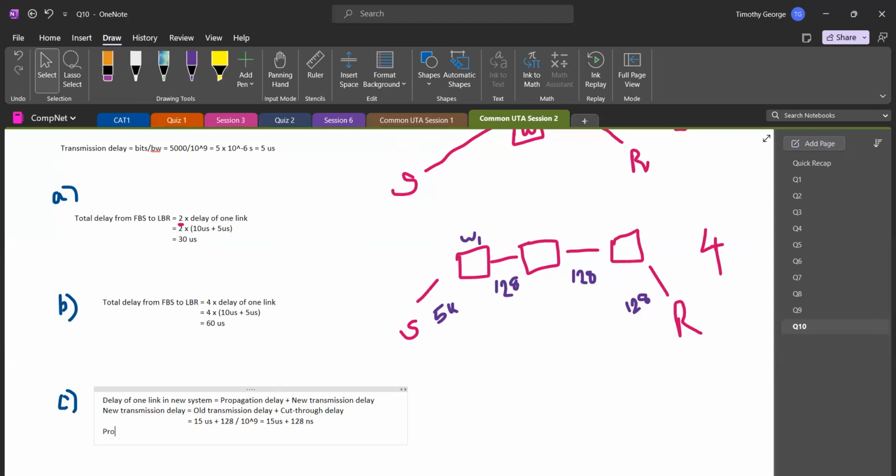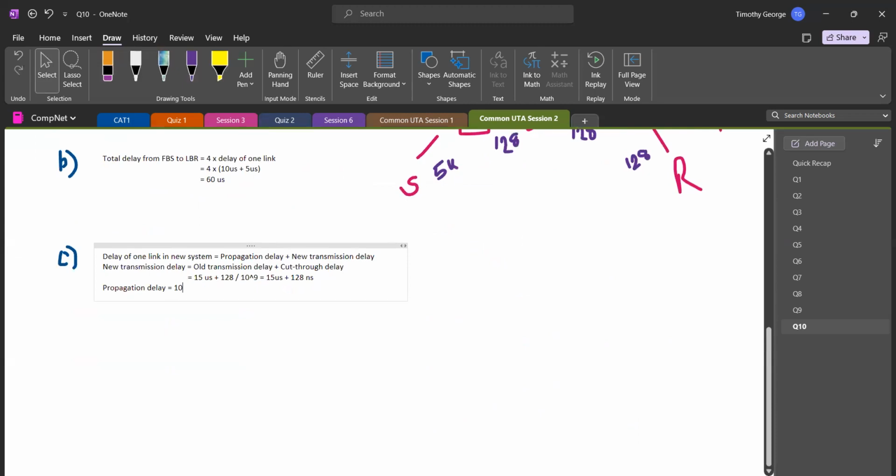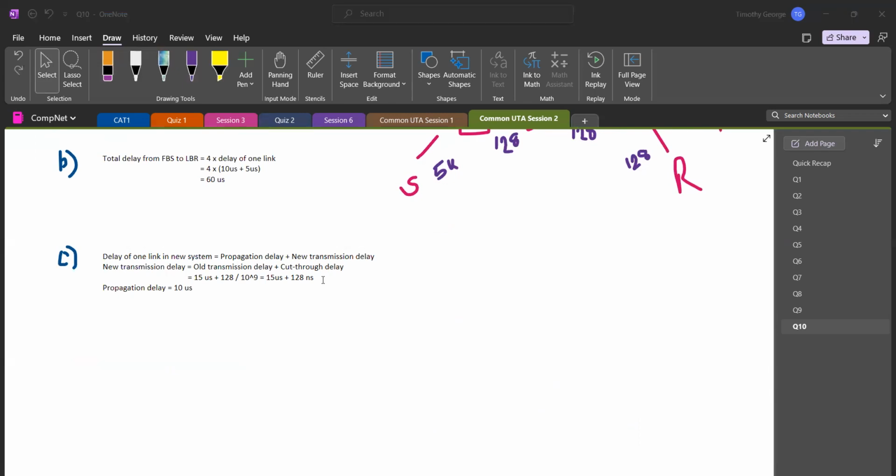And the propagation delay. How much is that? It will not change. 10 microseconds. So let's solve this.